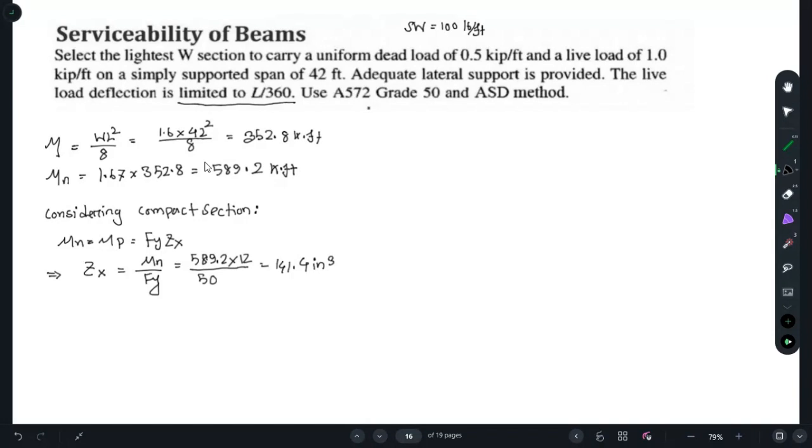And to select a particular section, we'll bring in another criterion from deflection, that is the limited deflection of L over 360.